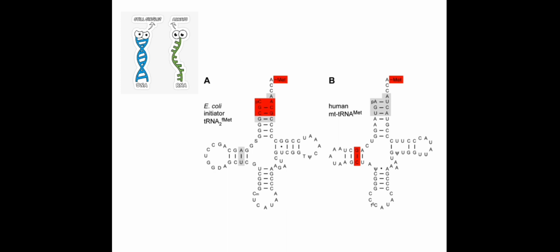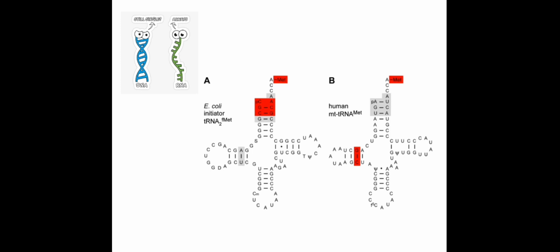Now you may ask why? Because AUG is always the first codon, as we all know. AUG codes for what? Methionine. In the case of prokaryotes, the methionine is always formylated, meaning one formyl group is attached to the methionine. So for that formylation, the absence of this base pair, the C1, A72 base pair, is needed for incorporating the formyl group.